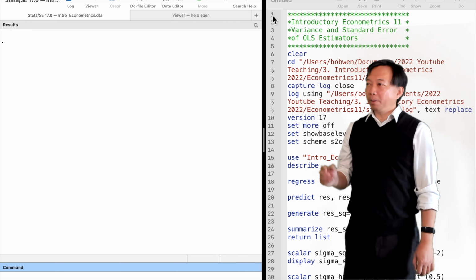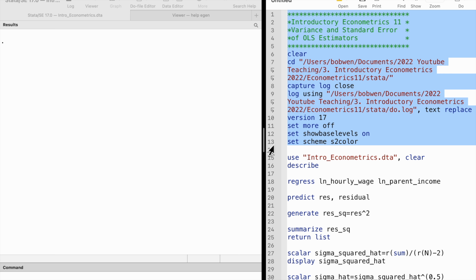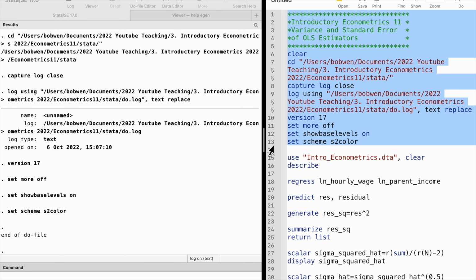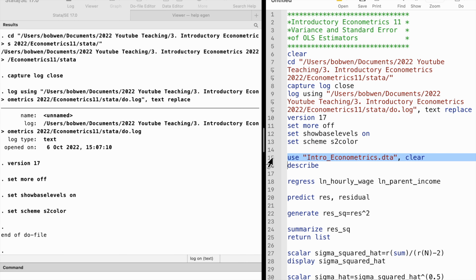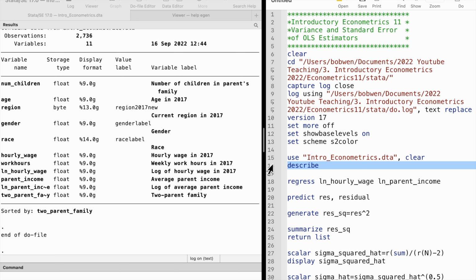Here's an example in Stata. We use the dataset containing adult children's labor income and their parents' average annual income during childhood. You can download the dataset from the link below.